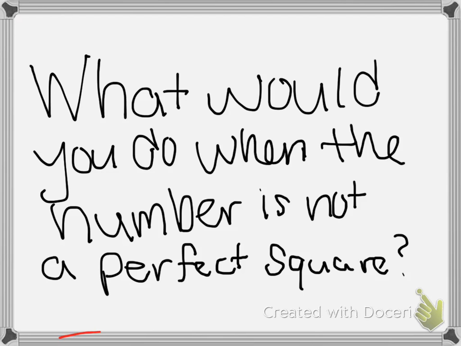Then you get 2 times 3 times 2 times 2 times 2. Then putting it in exponent form, you get the square root of 2 to the fourth power times 3. So there you have it. The square root of 48 is equal to 4 times the square root of 3.